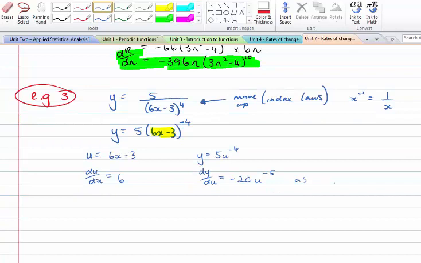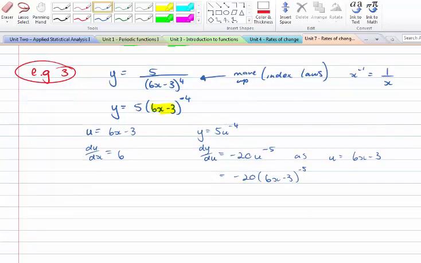Now, as u is equal to 6x take 3, we get negative 20 (6x take 3) to the power of negative 5. And we can move that down, we get negative 20 on (6x take 3) to the power of 5. So that's our dy du.